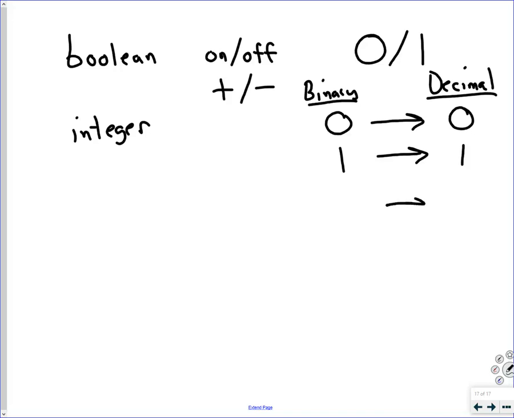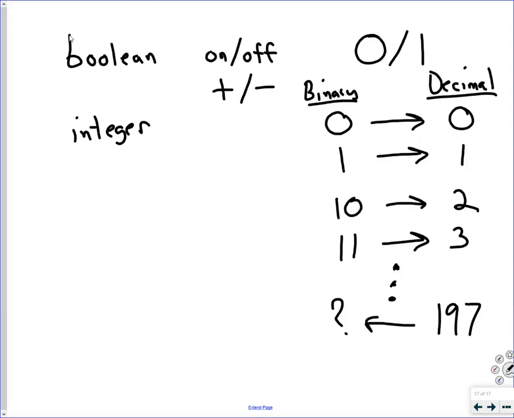At this point, how do we get to 2? Well, I'll tell you, it's this. Whoops. No, it's not. It's this. Okay? What's 3? Well, it's this. Etc., etc., etc. How do I get to 197?